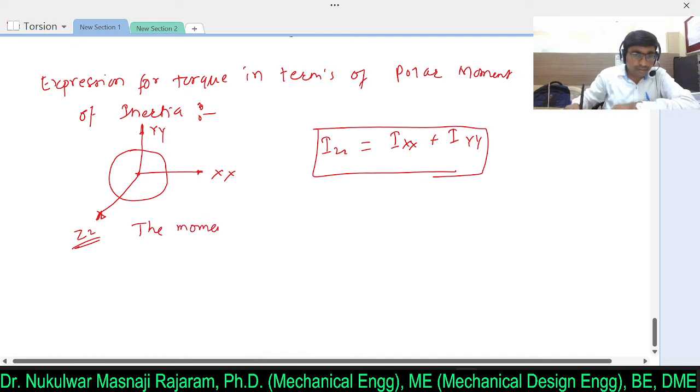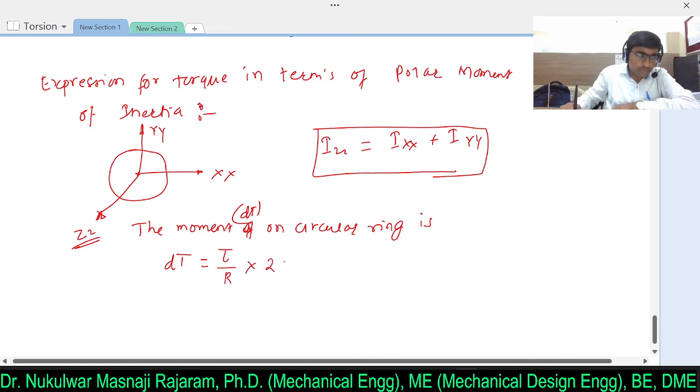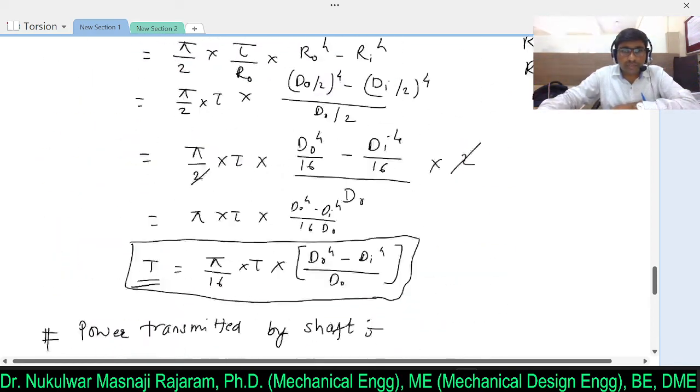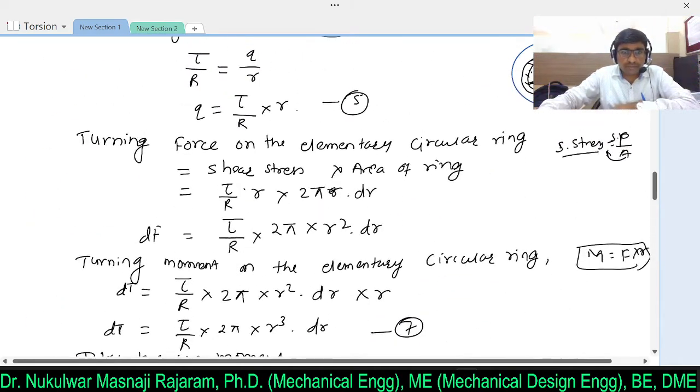I can write the moment, we can say dT, that is the moment on a circular ring, is given by the equation which we already learned, that is dT equal to tau by r into 2 pi r cube into dr. So here I am not explaining anything new.